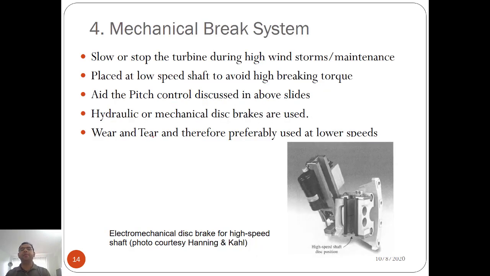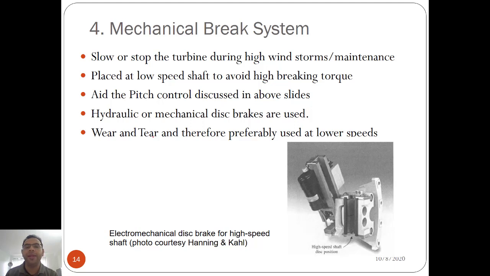Then we have the mechanical brake system. One possibility is that I have a storm, and the other possibility is that I have to do some sort of maintenance on our turbine. So I have to stop it, even if wind is blowing. In that scenario, we apply the mechanical brake.